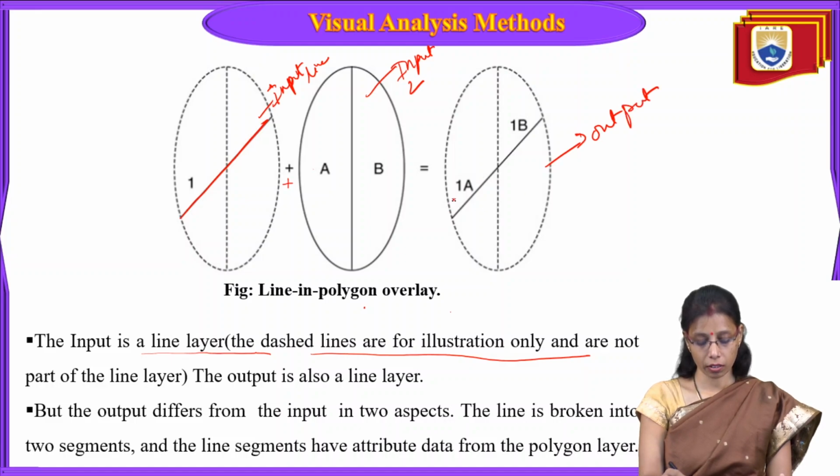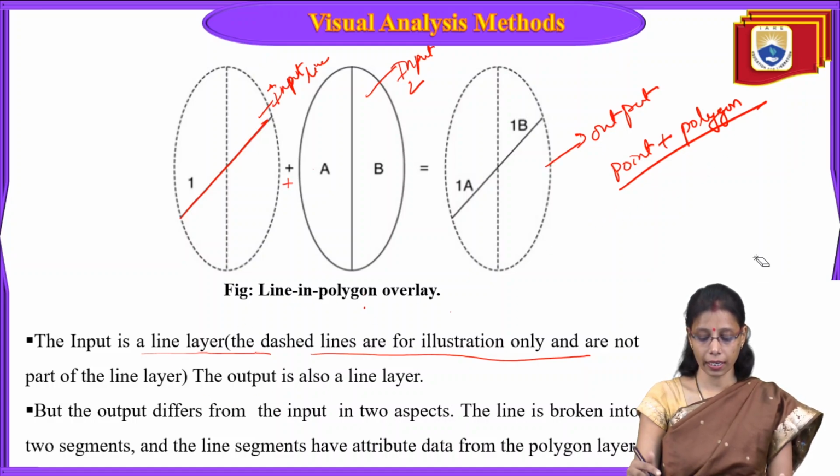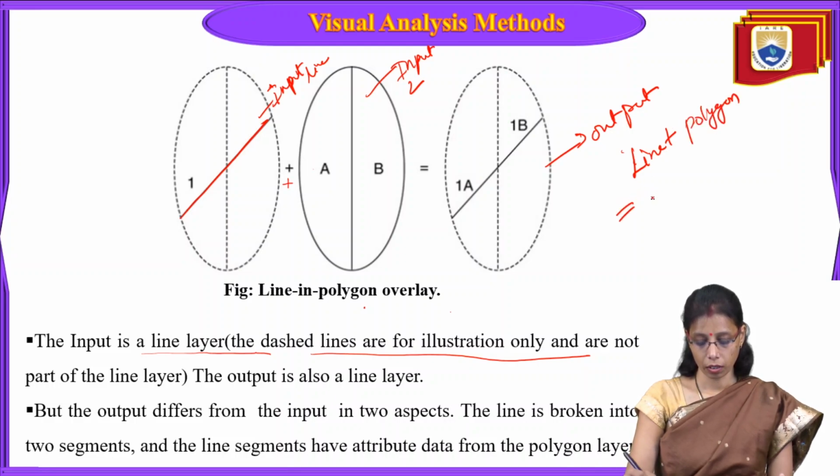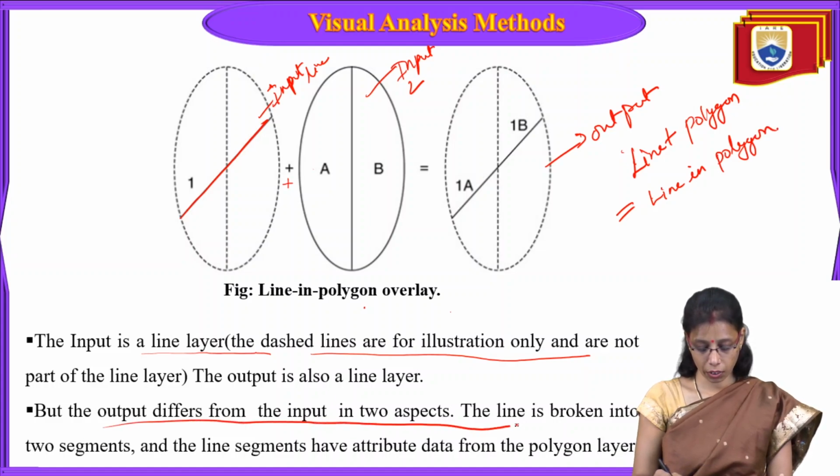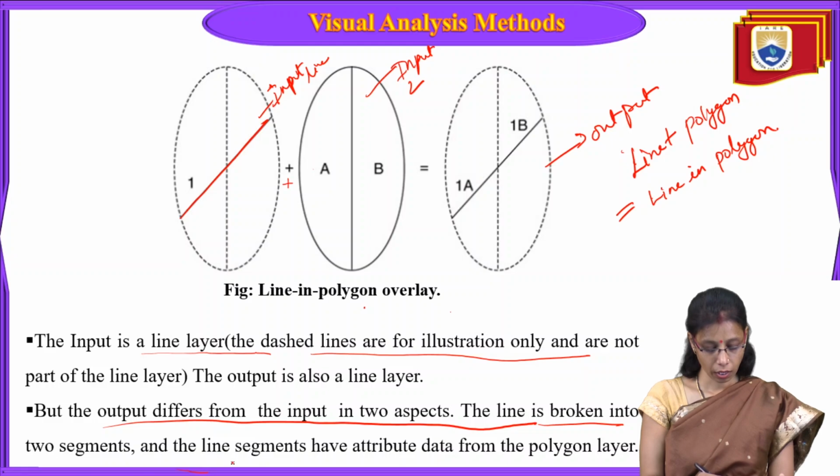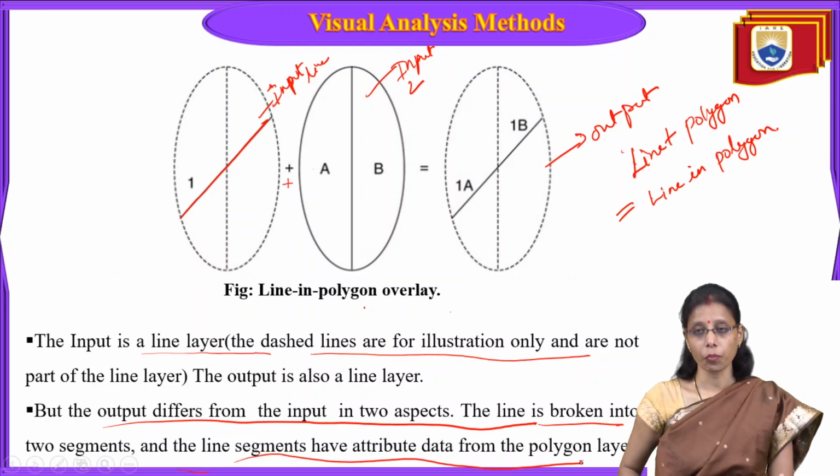This type of overlay is called line in polygon: line plus polygon is line in polygon. But the output differs from the input in two aspects. The line is broken into two segments, and the line segments have attribute data from the polygon layer.